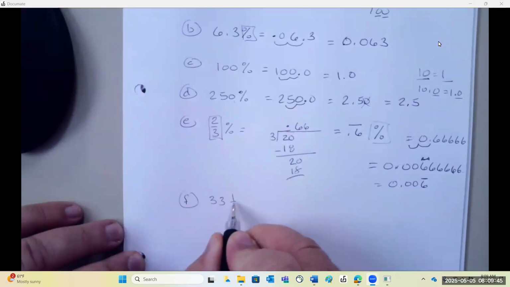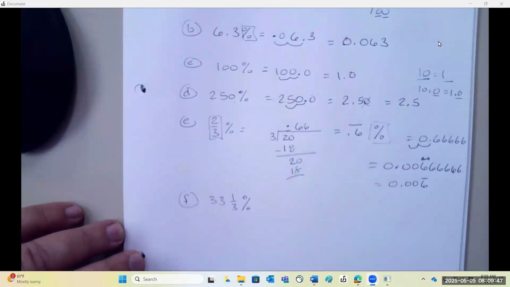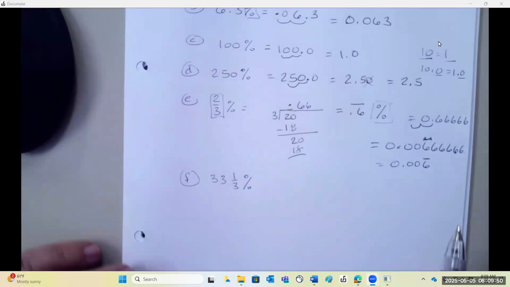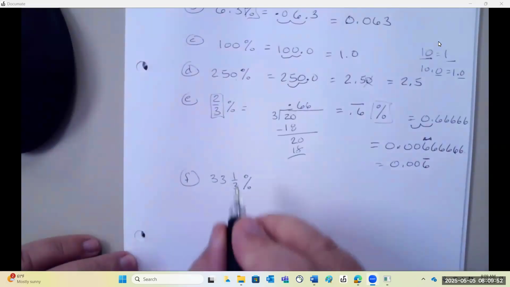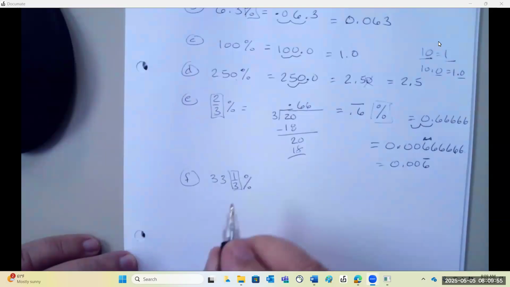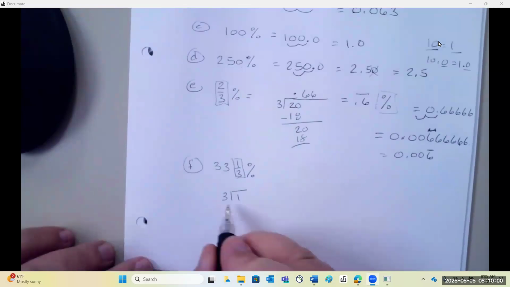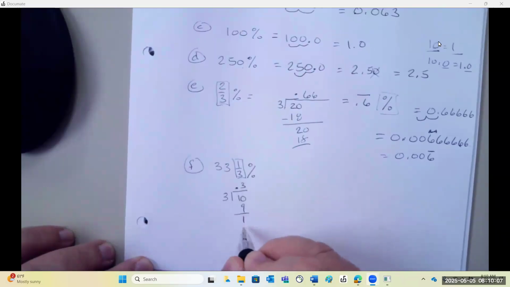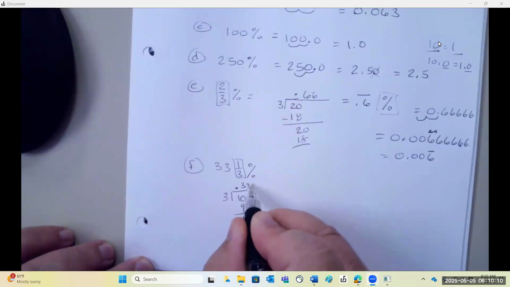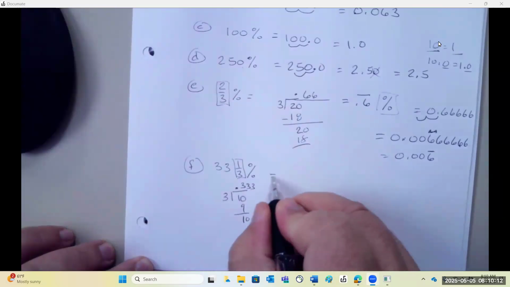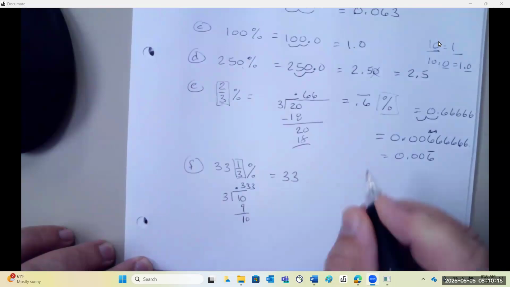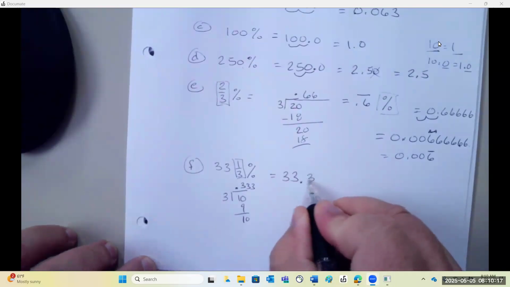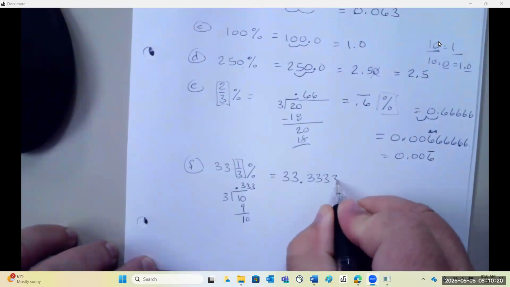And lastly, 33 1/3. Again, we got to find the decimal for 1/3. Three doesn't go into one, so I'll put a decimal. 3 goes into 10 3 times. 3 times 3 is 9. Give me a 1. So what we have here is 33.33333.